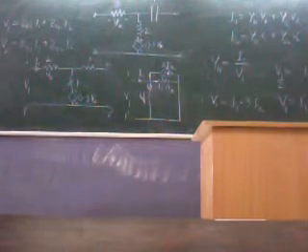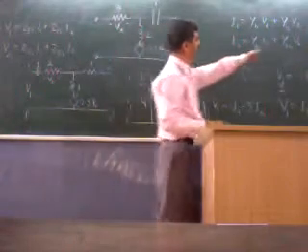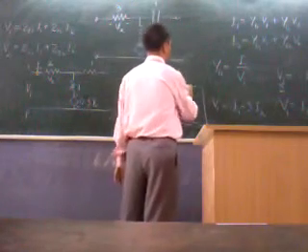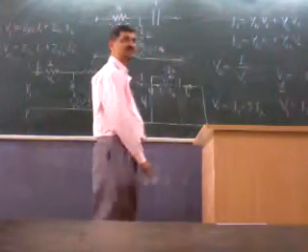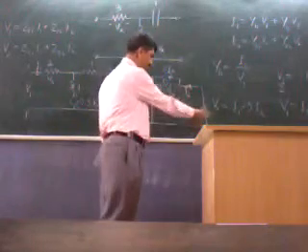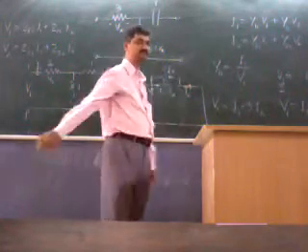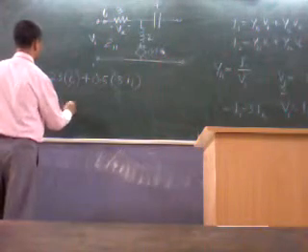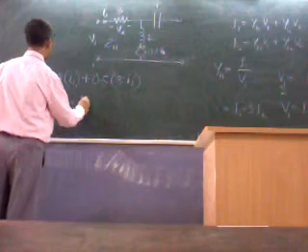Yes, sir. When V2 is shorted, what is I2? So this is I2. Short, so some current flows. That is I2. Some current will definitely flow, plus 2SI1.